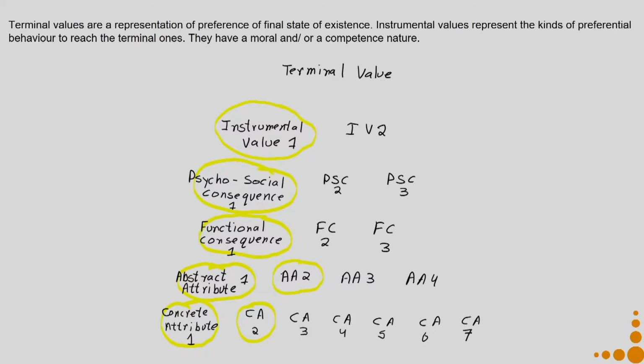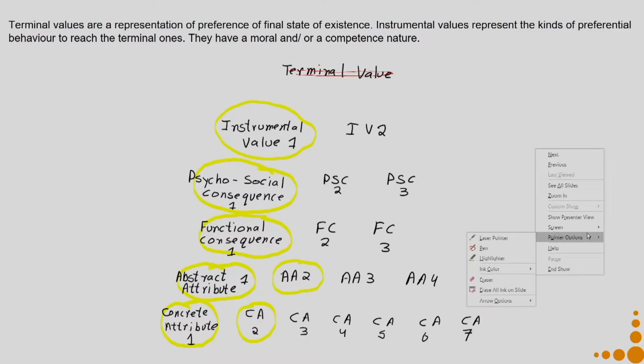So let's see what are terminal values and instrumental values. Instrumental values represent the kinds of preferential behavior to reach the terminal ones. They have a moral and a competence kind of a nature. So in my case, the terminal value over here is, I want to get safe drinking water or fresh drinking water.